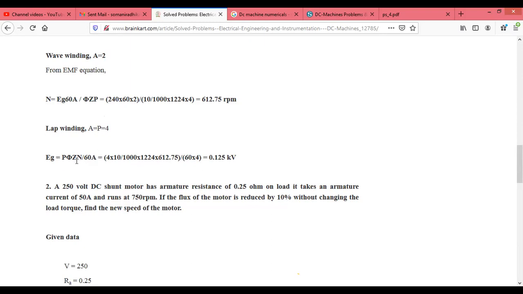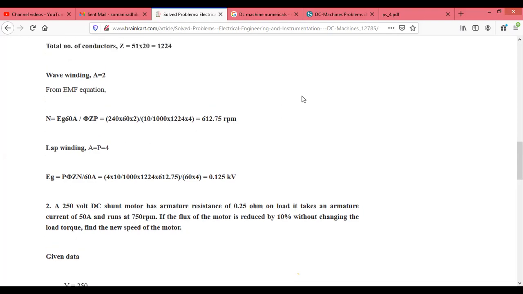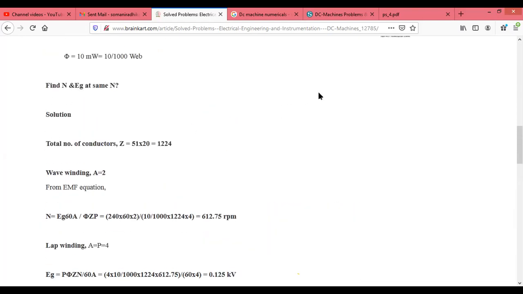All these values they have already given. The value of P they have given is 4. Phi value they have given is 10 milliweber, 10 upon 1,000, or you can write 10 into 10 raised to minus 3. Z they have not given directly, but they have given the number of conductors per slot and the number of slots. So you can solve here the value for Z.